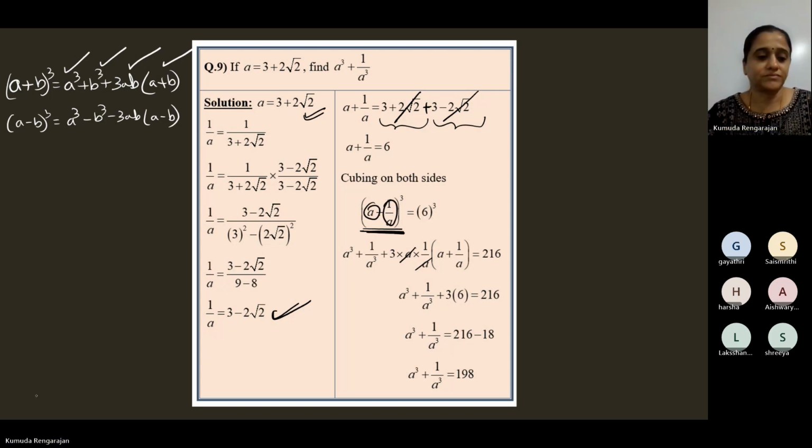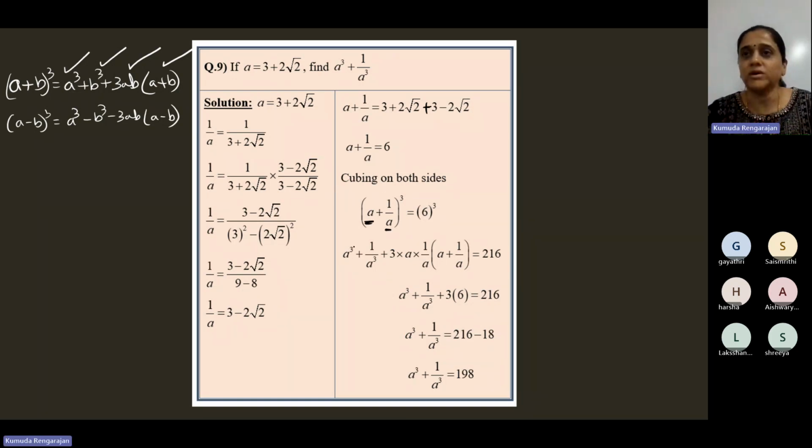So a plus b the whole cube is equal to a cube plus b cube, which is 1 by a cube, plus 3 into a into 1 by a, 3ab, into a plus b, which is a plus 1 by a, is equal to 6 cube, which is 216.